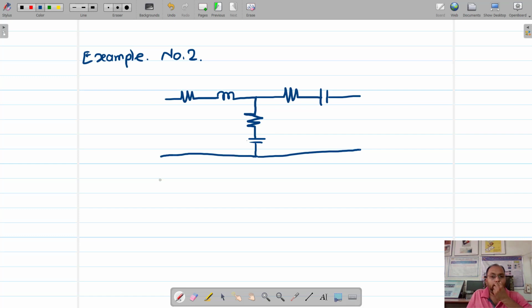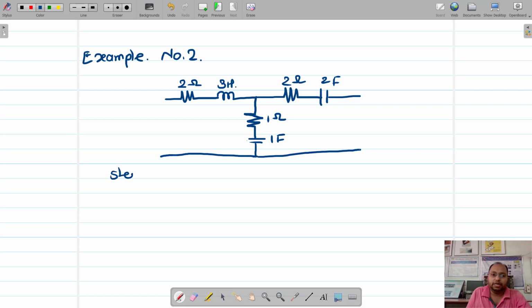So remember that generally you will have only T type of network for different parameters to find out, because whenever you are having inductor and capacitors in the circuit, it is quite complicated to go for that delta to star transformation and all these things. So usually you will have this T shaped circuit only.